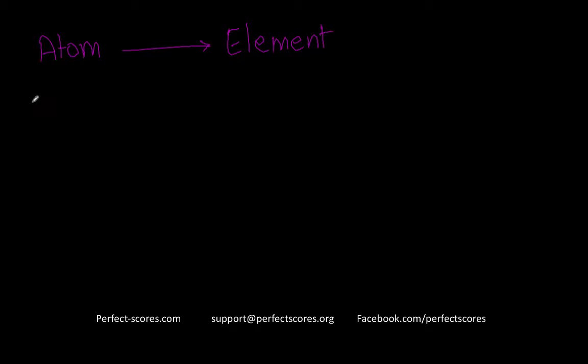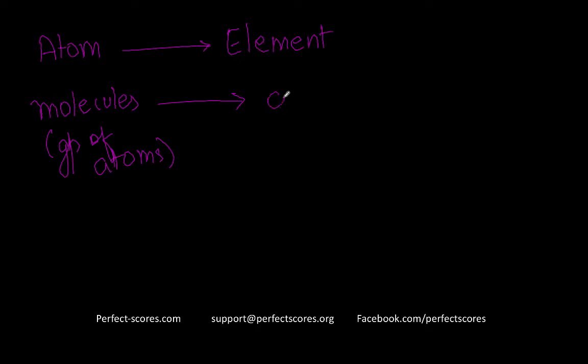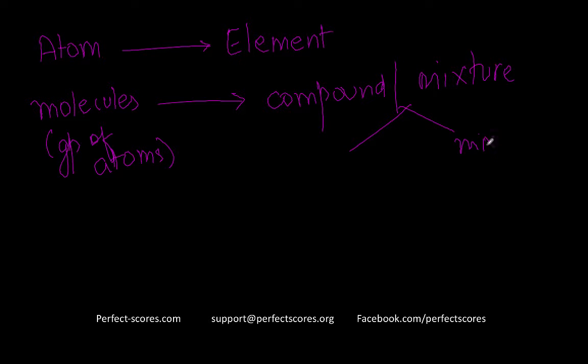And if there are molecules, which are nothing but groups of atoms, maybe two atoms together, or three different atoms together, four different atoms together, that can give rise to either a compound or a mixture. If you can separate them into the components, it's a mixture. If you cannot separate and you just get different molecules, it's a compound.